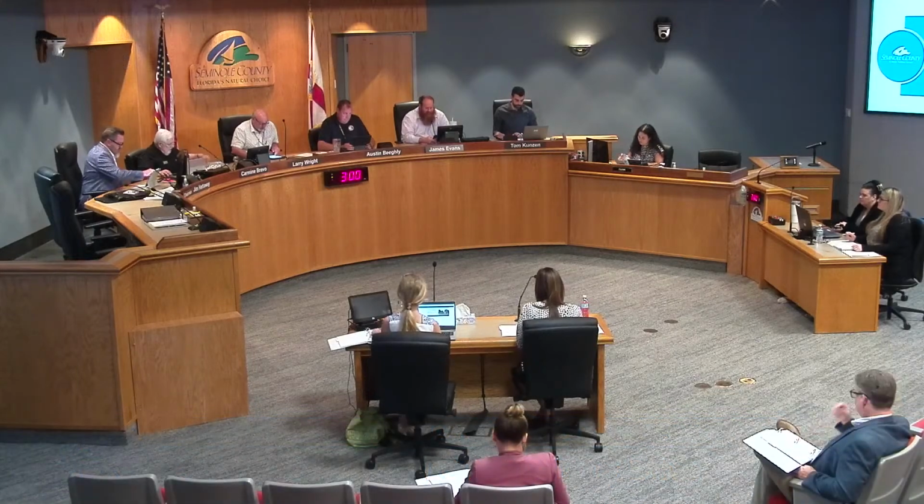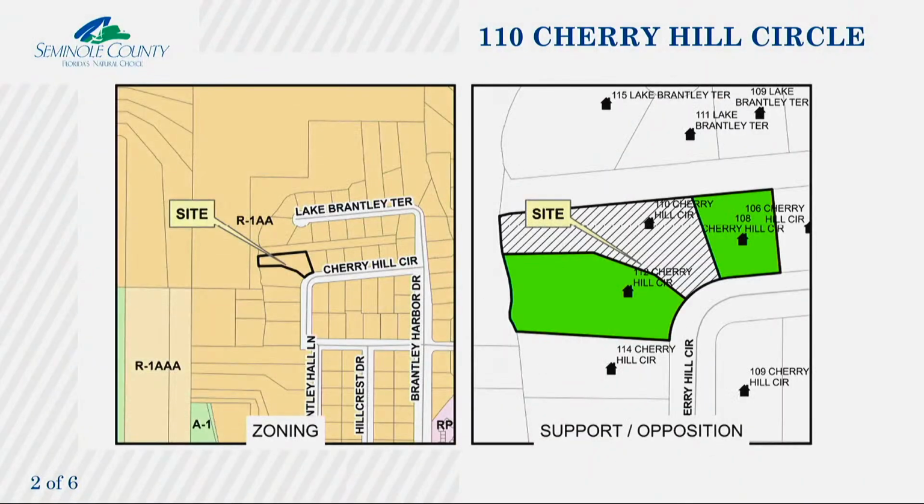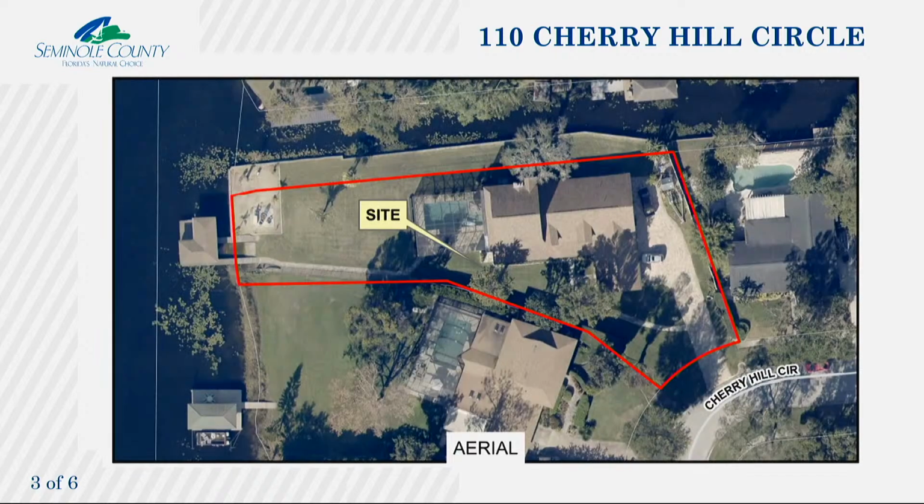Appreciate it. Number 2. Item number 2 is a request for a rear yard setback variance from 30 feet to 20.5 feet for a garage addition in the R1AA Single Family Dwelling District located at 110 Cherry Hill Circle in the Brantley Hall Estates subdivision. The proposed garage addition will be 792 square feet and will encroach 9.5 feet into the required rear yard setback.